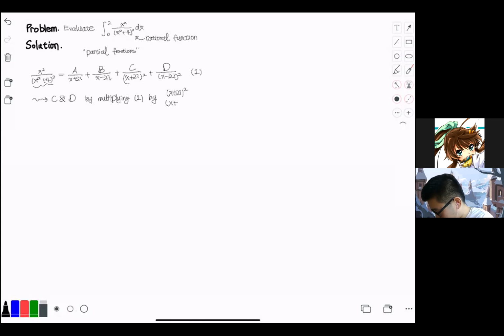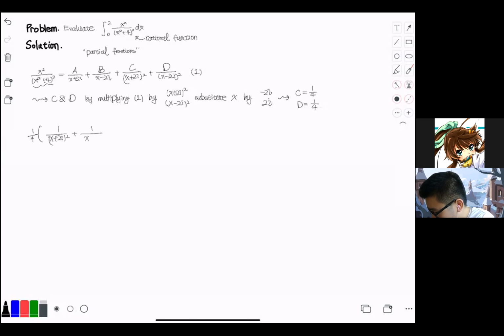The first one will give us the result of C, and the second one will give us the result of D. And then we substitute x by −2i or +2i, and then we will obtain C and D just by direct calculation. And then we can compute the result because we have known the result of C and D.